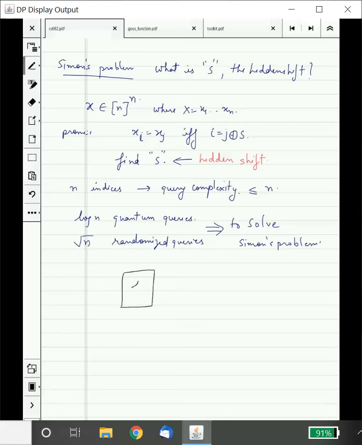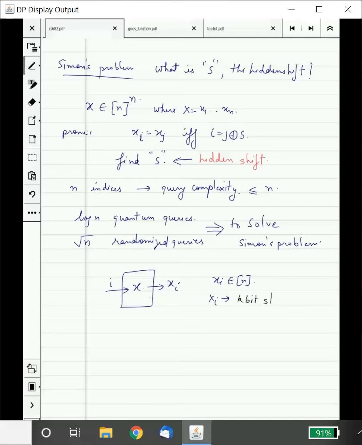I can think of it as a function or as x. Let's keep the same interpretation as an input. When I give i, it returns me x_i. That is the classical input. The only thing now is that x_i is not a binary string. It is an element of [n]. So even x_i can be thought of as a k-bit string.